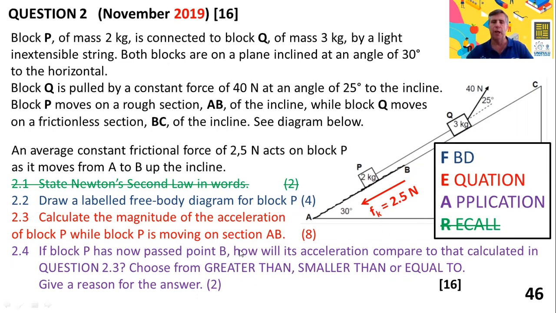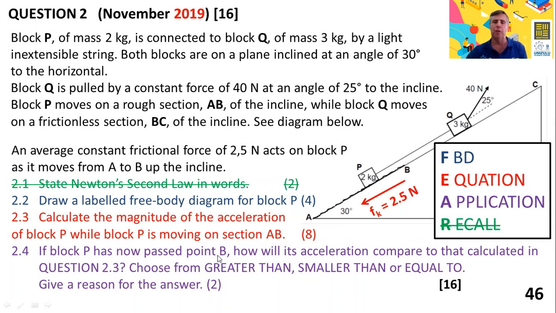Let's deal with the application question straight away, 2.4, and it's quite an easy one. So AB is a rough surface which has friction. BC is smooth where there's no friction. These blocks are being pulled up the slope, and they ask, if block P is past point B, how will its acceleration compare to that calculated in 2.3?